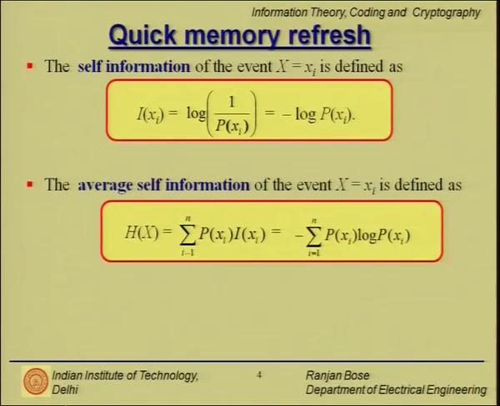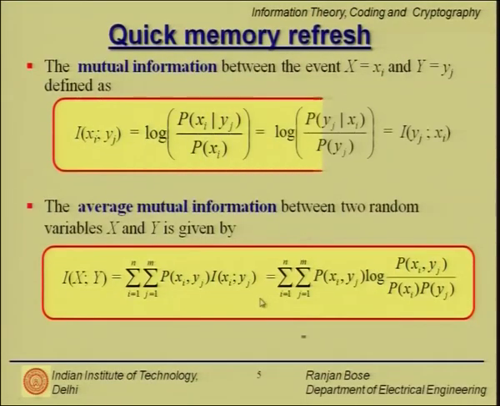So, let us start a quick memory refresh. We started off with the self information of the event X equal to x_i, which we saw had a logarithmic measure for information. Then we said that it is important to have the average self information, also called entropy, defined as H(X), with a negative sign, p(x_i) log p(x_i) summed over all possible occurrences.